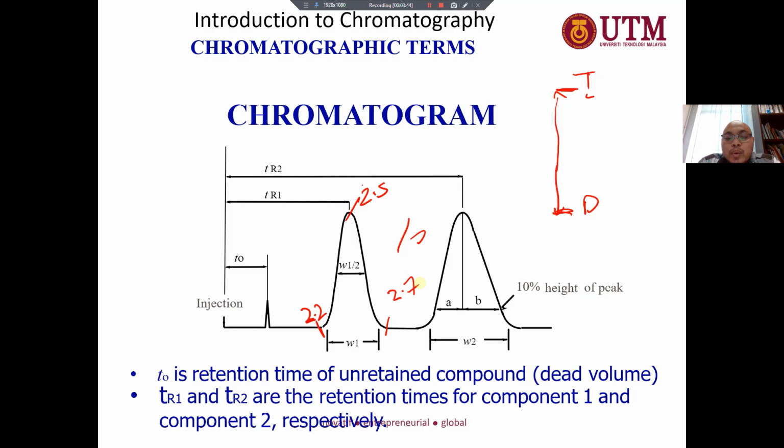So the width of the W1 is 2.7 minus 2.2 minutes, so it's 0.5 minutes. This is the common measurement used in most of the calculations. The next one we will look at after this.